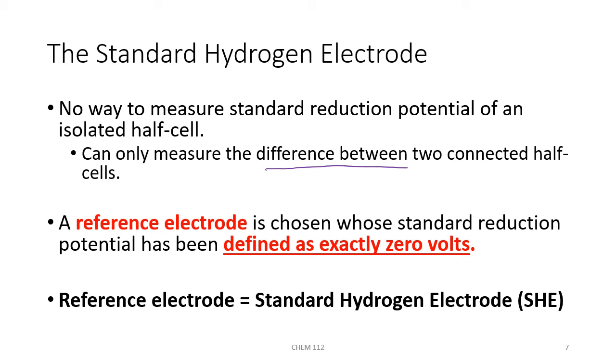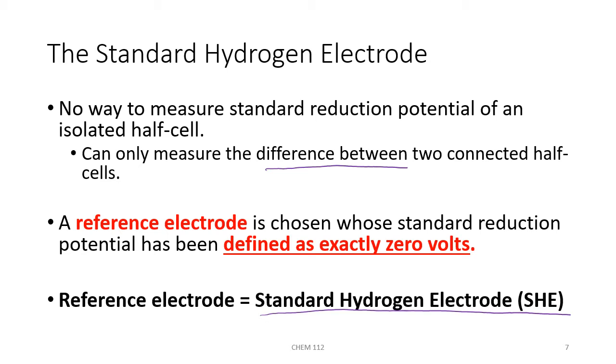So basically a reference electrode was chosen and assigned, and it was defined as being 0 volts exactly. That reference electrode that every other electrode is measured against is called the standard hydrogen electrode, or S.H.E. for short.